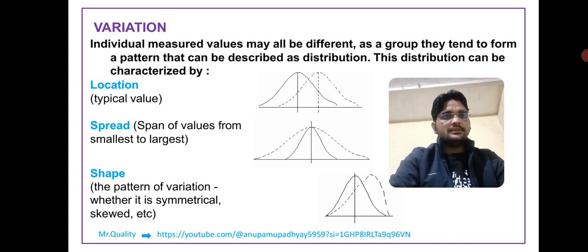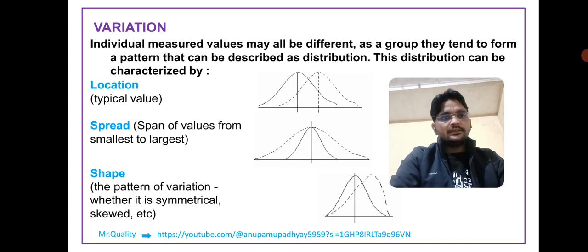One measurement has one mean and another measurement has a different mean. This is the location error. And spread means smallest to largest values.